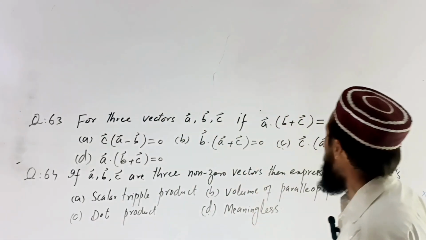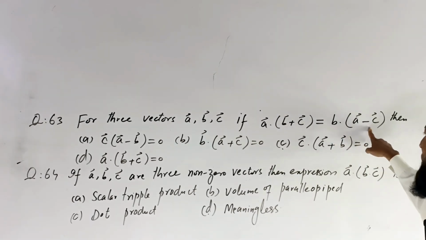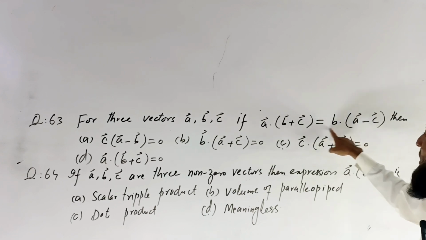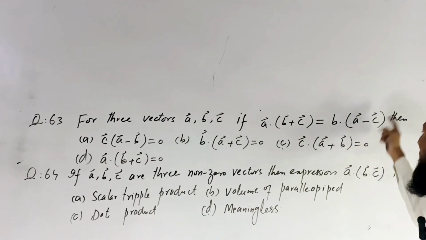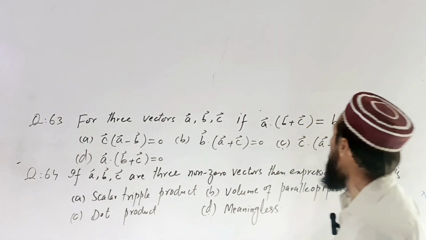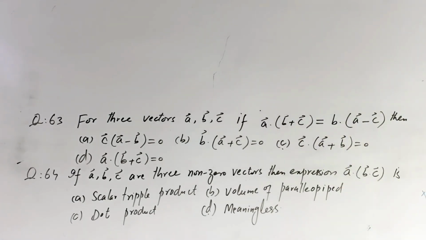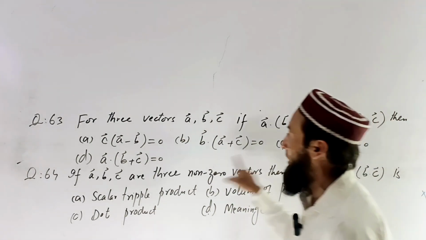Vectors A, B, C: if A dot B plus C and B dot A minus C. According to the definition, if we apply B dot A plus C, it is required, but here the direction is changed, so the given vectors are not satisfied.